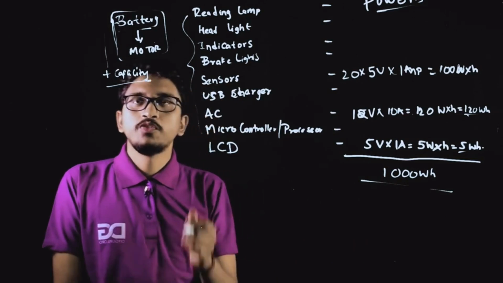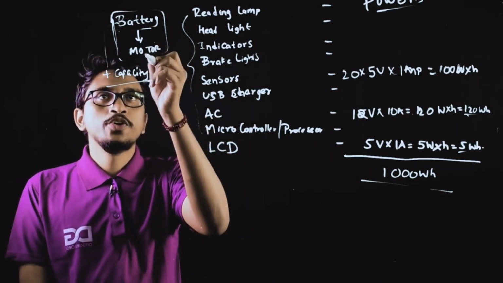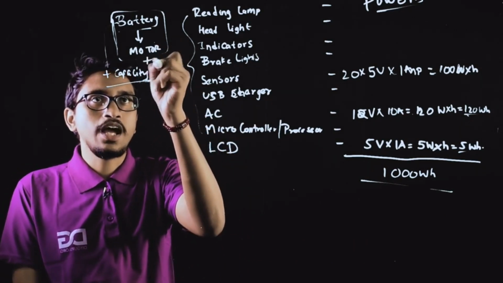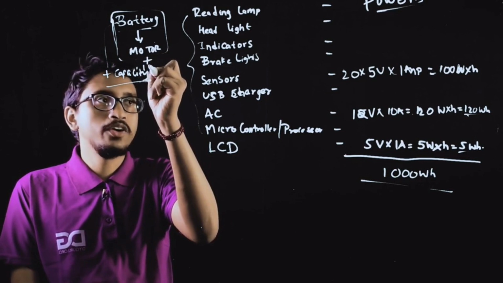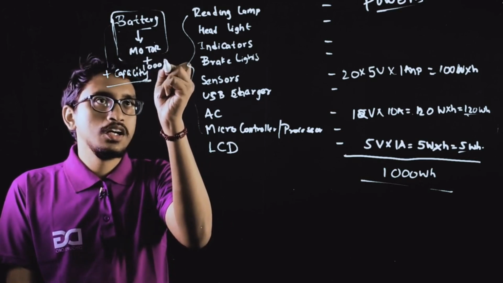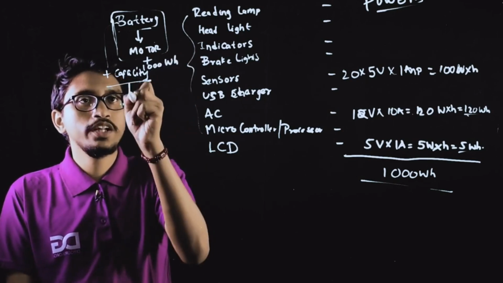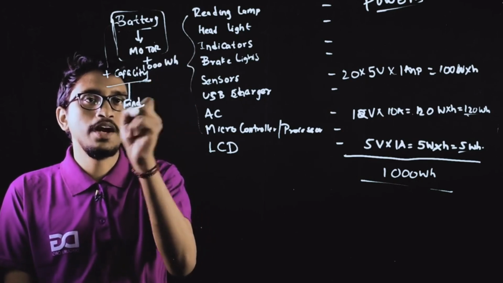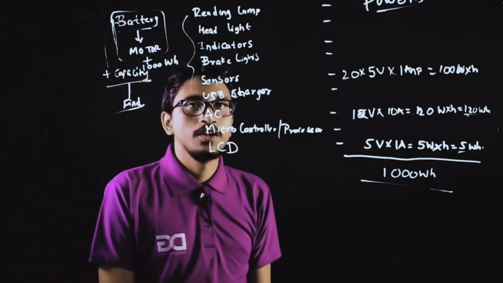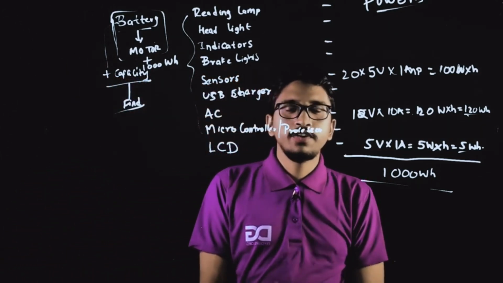So you must also add that power to the motor power and the electronics. Then you have to find the capacity of how much battery you actually require to do the work.